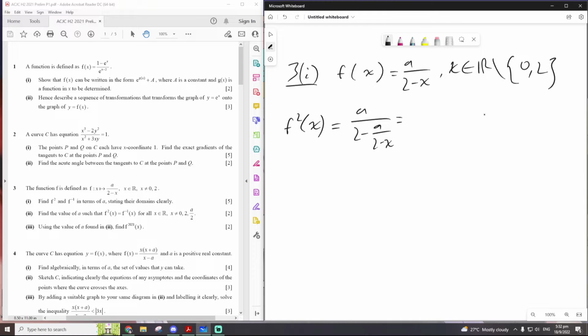Alright, we're going to define this function. So let's try and simplify. So this is 2 minus x, so you get 4 minus 2x, so you get a(2 minus x) minus 2x minus a.